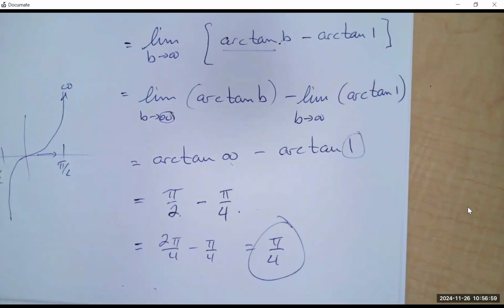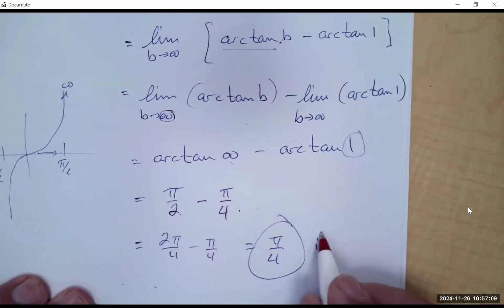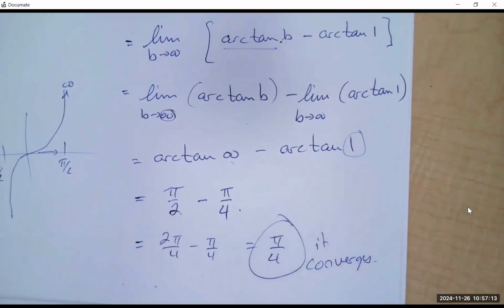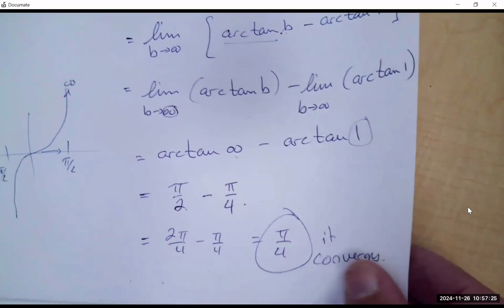That's our solution. That's not our area. It just tells us that it converges. Remember, the integral test doesn't tell us the value it converges to, just whether it converges or not.